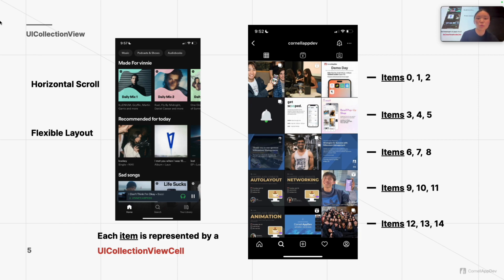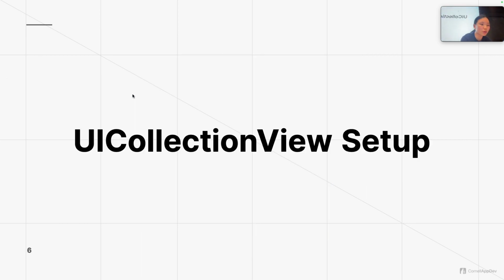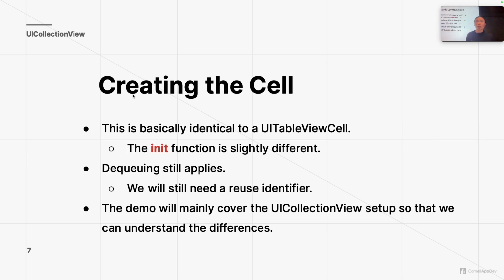Cool. So let's dive a bit deeper into how to set this up. First, like I mentioned earlier, we have to create the cell. So this is each of the items, right? And maybe I can draw a little bit again. So there's sort of two steps. I'll use that Spotify example. So you're scrolling this way, right?